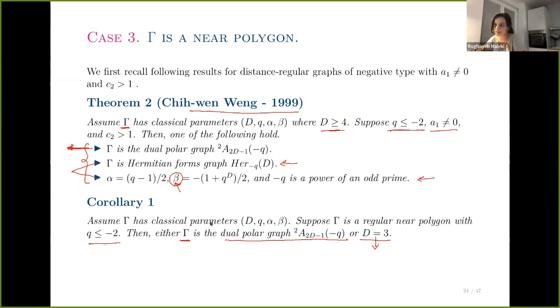That's why we restrict ourselves to d greater than or equal to 4. So we do not have the case d equal to 3. Maybe I would say this is still open.